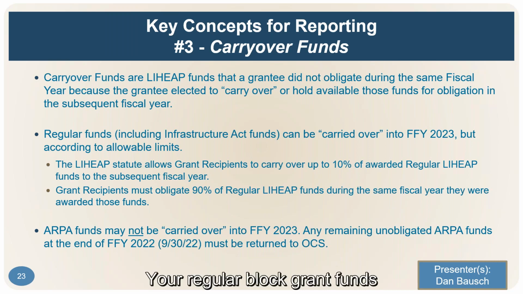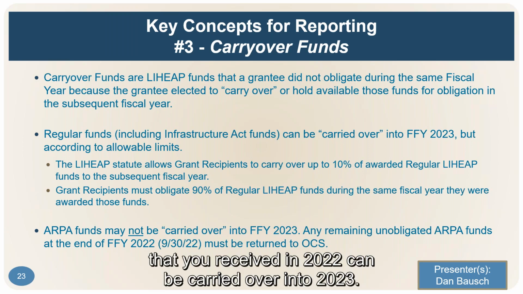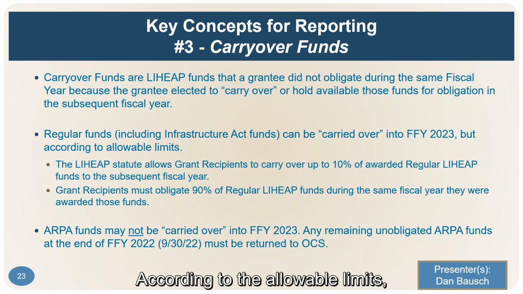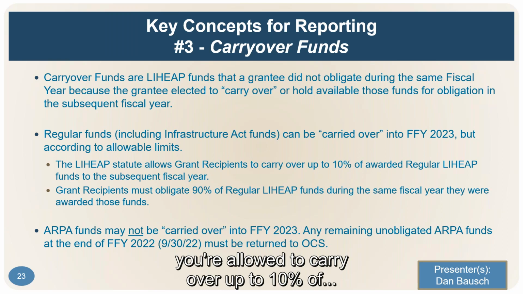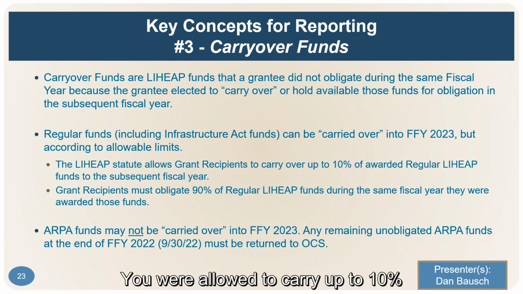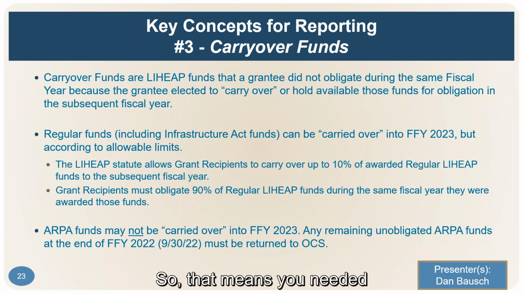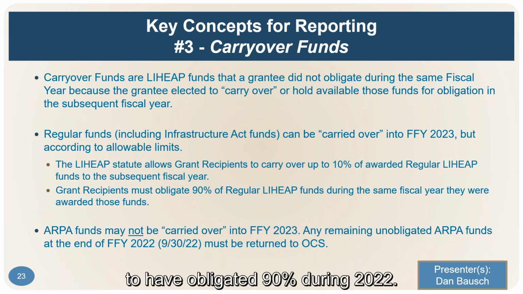Your regular block grant funds and the Infrastructure Act funds that you received in 2022 can be carried over into 2023 according to the allowable limits. You were allowed to carry up to 10% of your regular LIHEAP funds or infrastructure funds. So that means you needed to have obligated 90% during 2022.